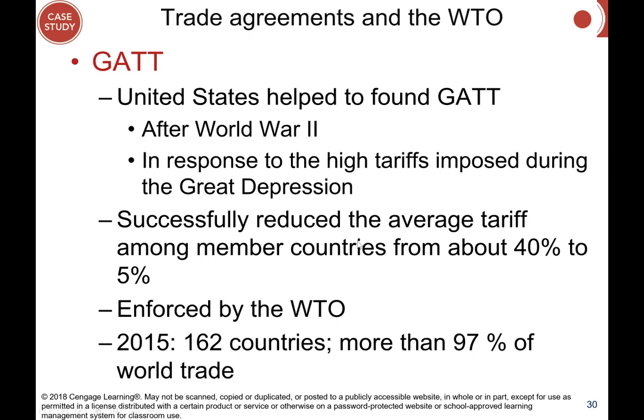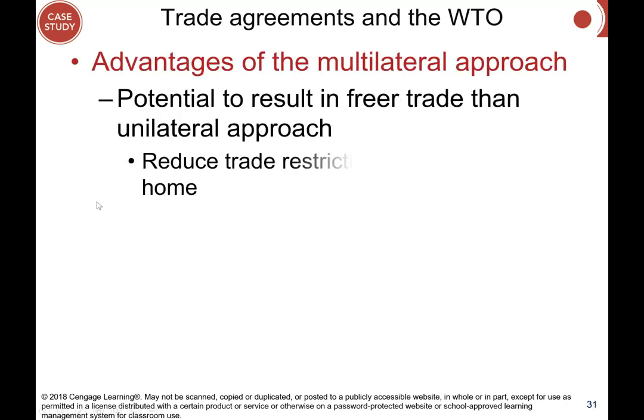It successfully reduced the average tariff among member countries from 40% to about 5%, and it is enforced by the WTO. In 2015, 162 countries, which is more than 97% of world trade, belonged to the WTO.